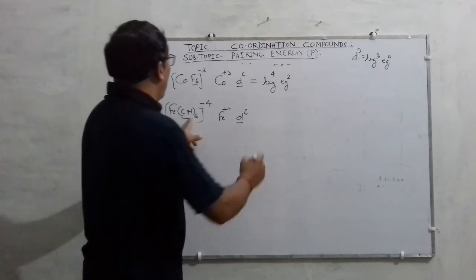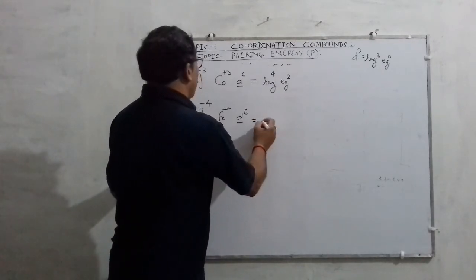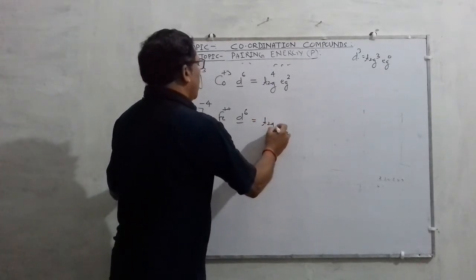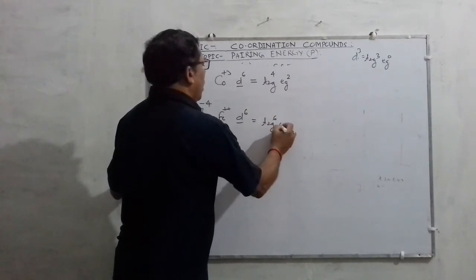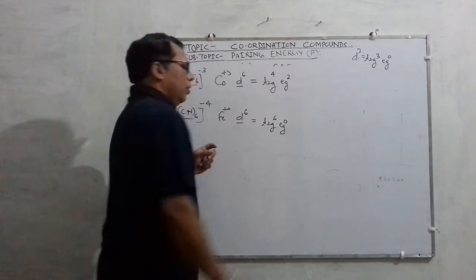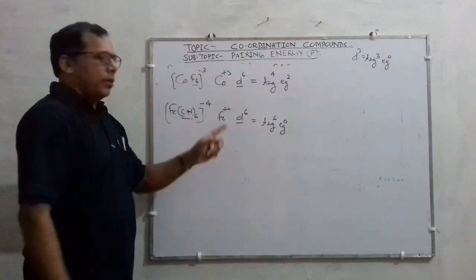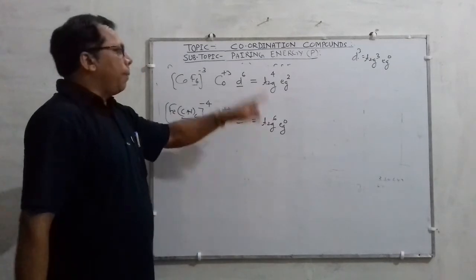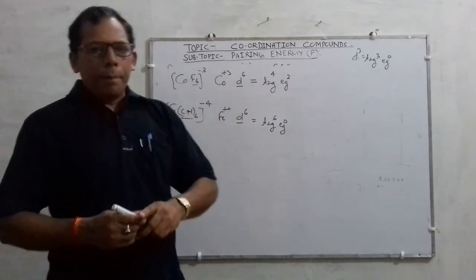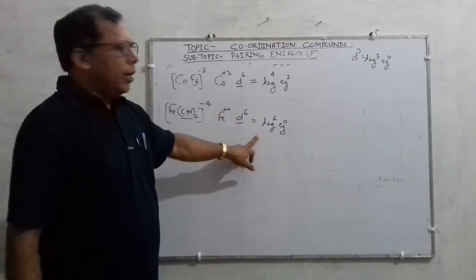So it is a strong field agent, and it can be written as t2g6 and eg0.